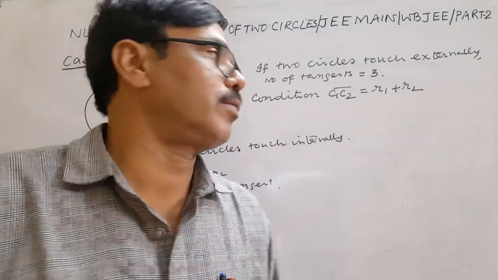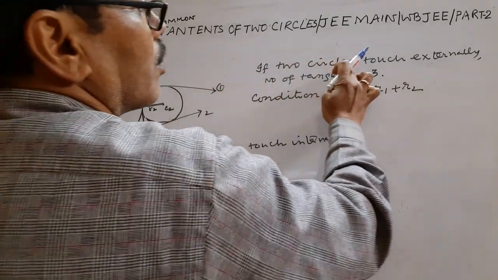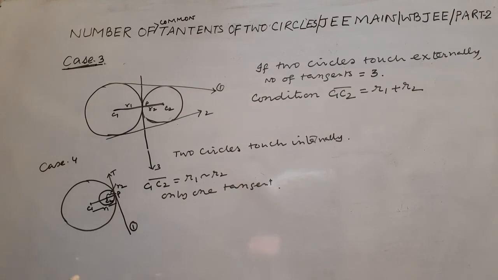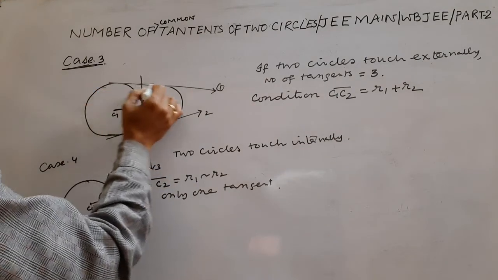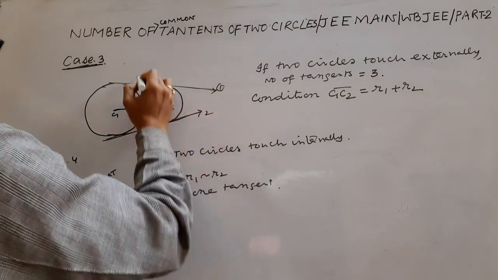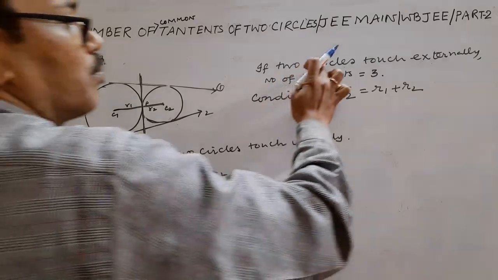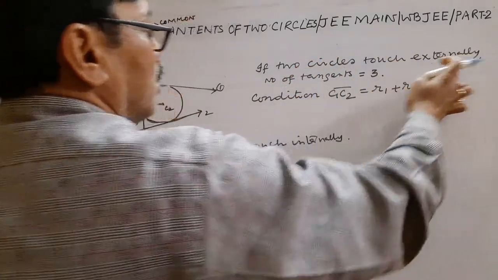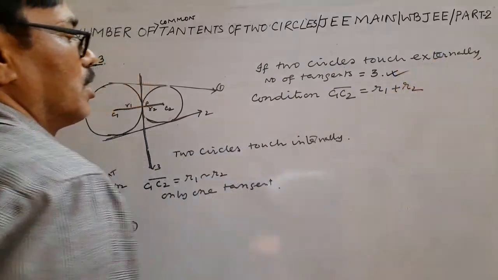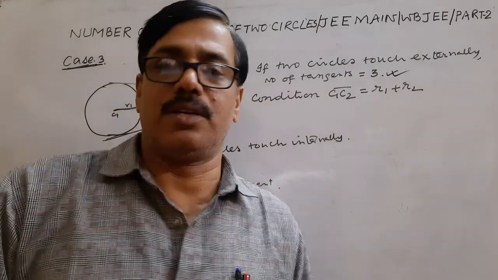Now case 3. When two circles touch externally, the number of common tangents is 3. So this is one common tangent, this is another common tangent, and this is the third common tangent. This is a well known result of class 10.